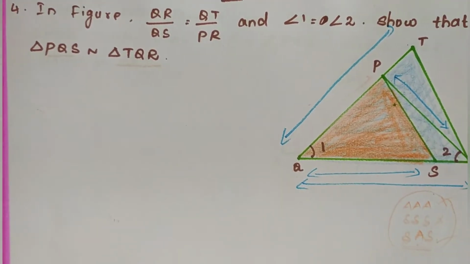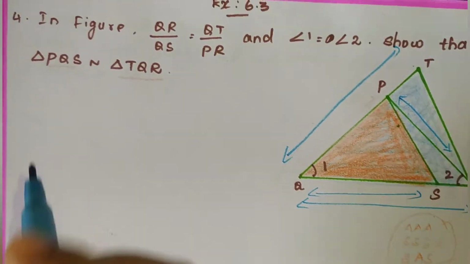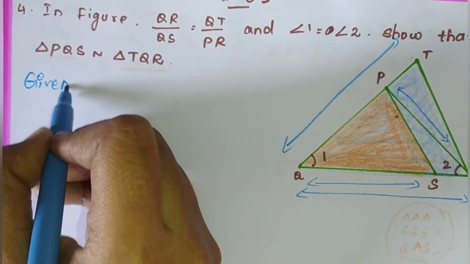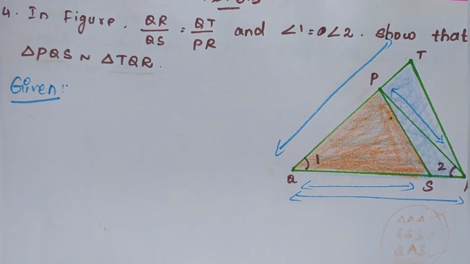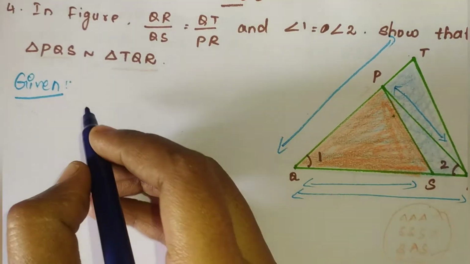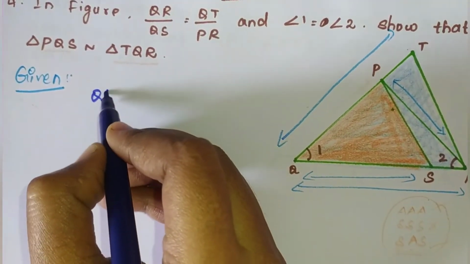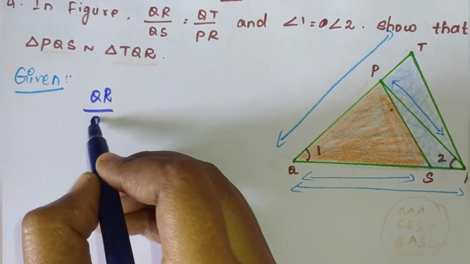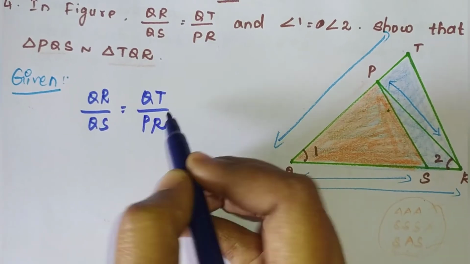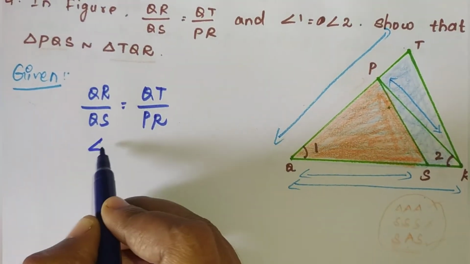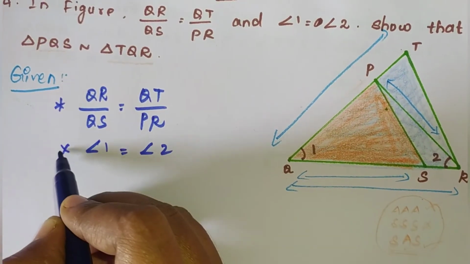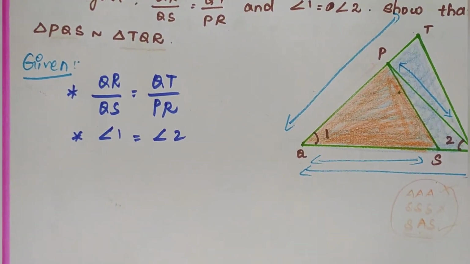Okay, listen carefully. First, what you have to write? Given. What is given in the question? QR divided by QS is equal to QT divided by PR, and the other one is angle 1 is equal to angle 2. Two things are given in the question.